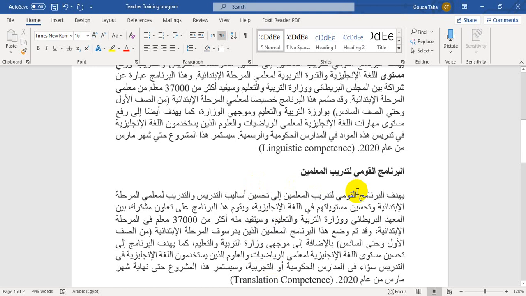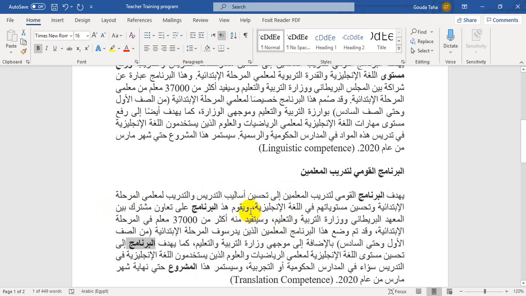We have here برنامج, هو المشروع, هو البرنامج, so all of them refer to the same elements. So برنامج, هو البرنامج, so repetition or using reference, أو يهدف إلى, so we have here يهدف البرنامج. So this is a kind of connection.